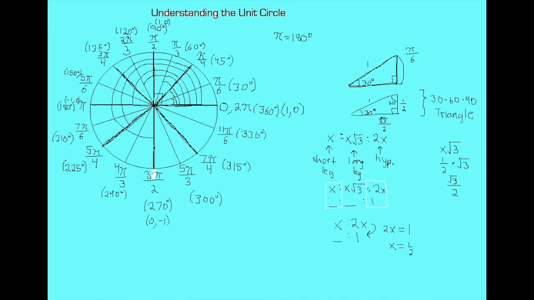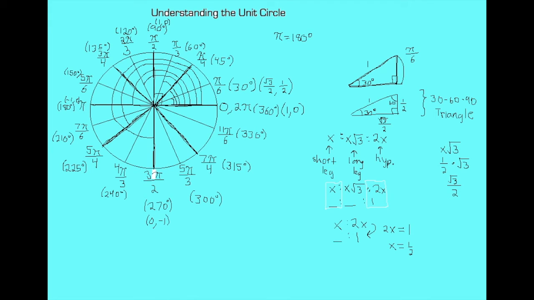So we have the side lengths root 3 over 2 and 1/2. Another way to think about this is that you are going across root 3 over 2 units and are going up 1 over 2 units. Therefore, the coordinates for the pi over 6 angle are root 3 over 2, comma 1/2. Root 3 over 2 is the x value and 1/2 is the y value.